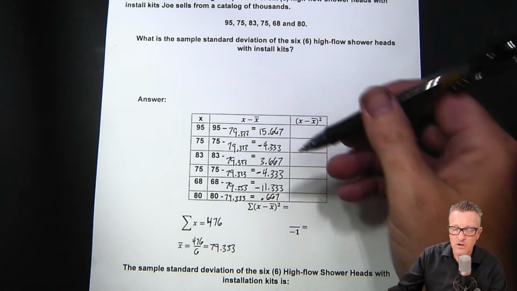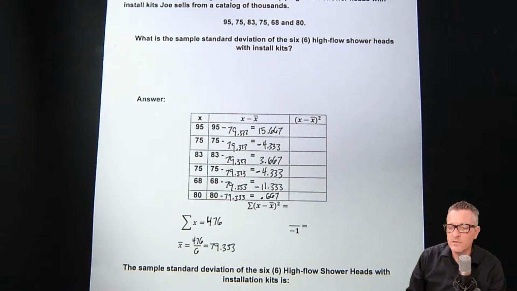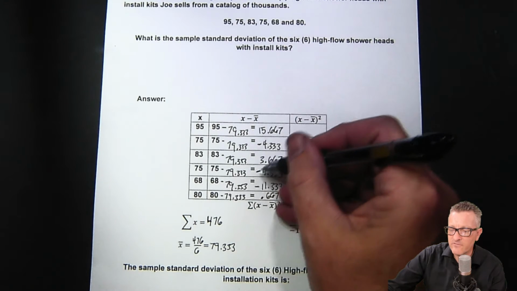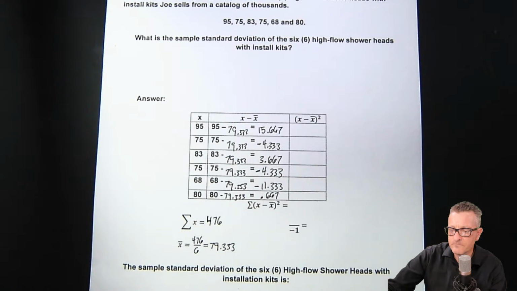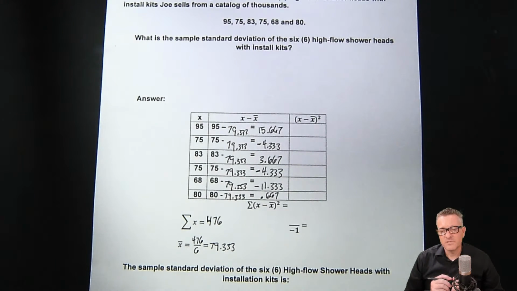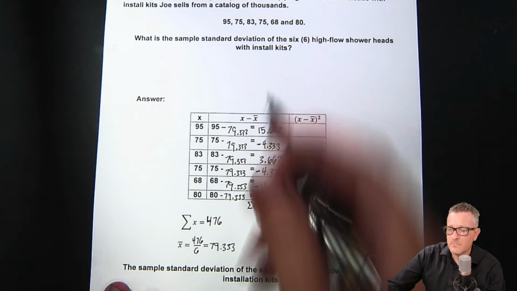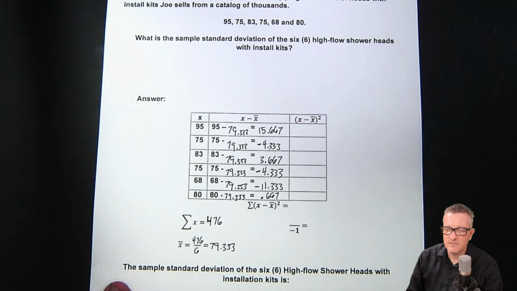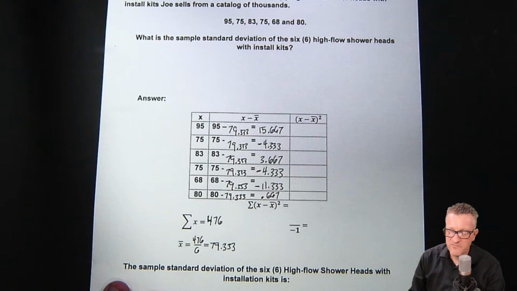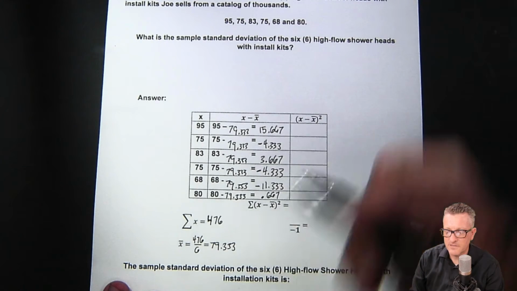So that doesn't work. But what we can do is get rid of the negatives, so we see more of an absolute difference. Not to be confused with the mean absolute difference, which is a different calculation.